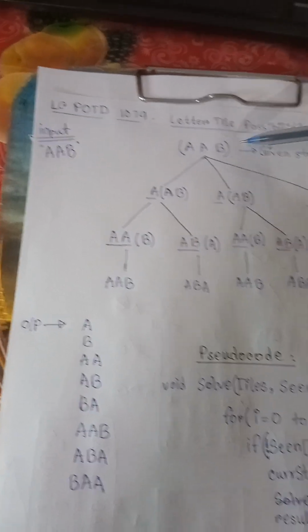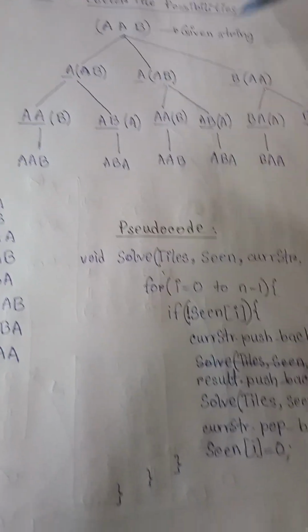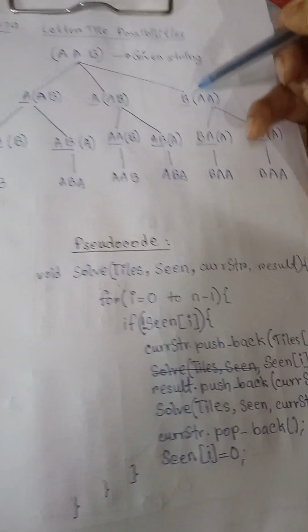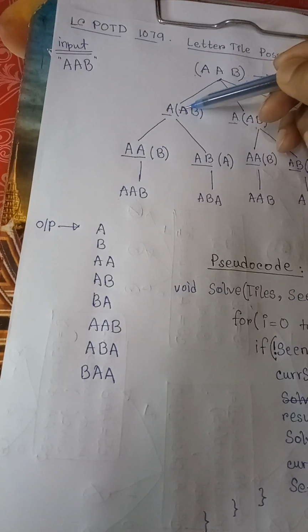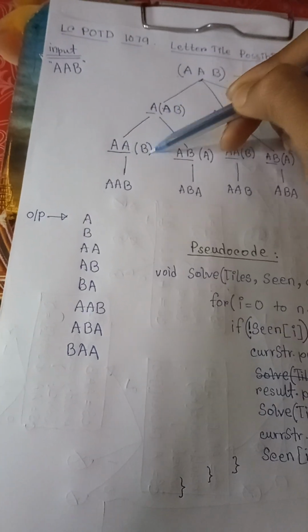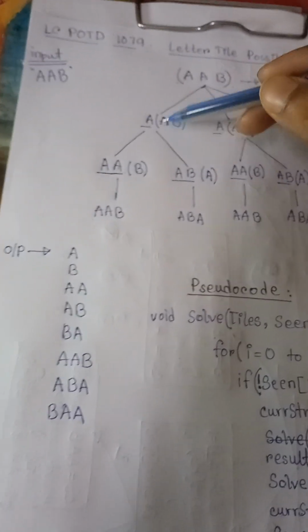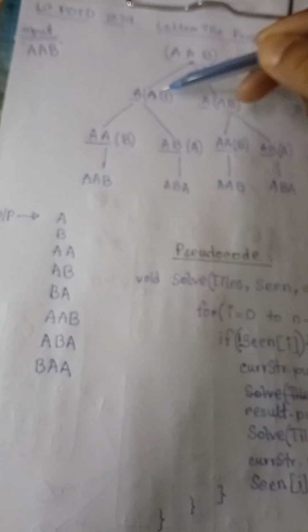For input string AAB, first you take A. Then the remaining two choices you have are A and B, and then you take this A, and the remaining two choices are this A and this B, and you can take B, and then the remaining two choices are A and A. And then in the next level you can take this A, then your string will be AA, and the only remaining choice you have left is B, and you can take this B and get AB. This is your current string, and this is the only choice you have left.